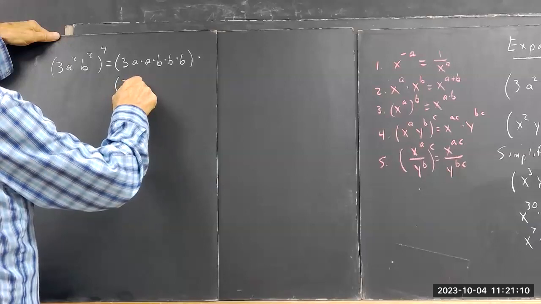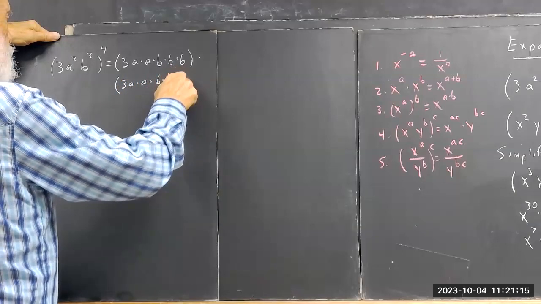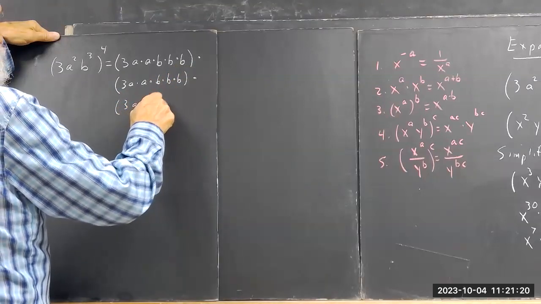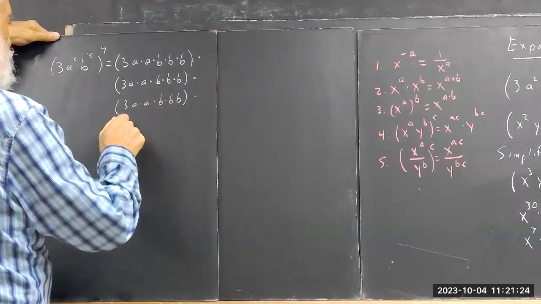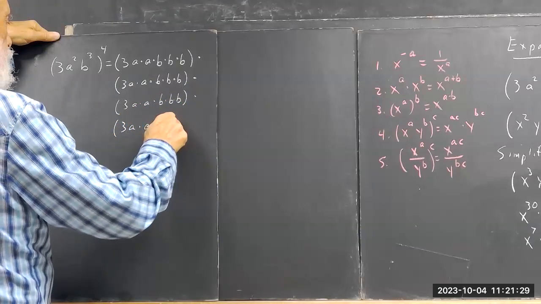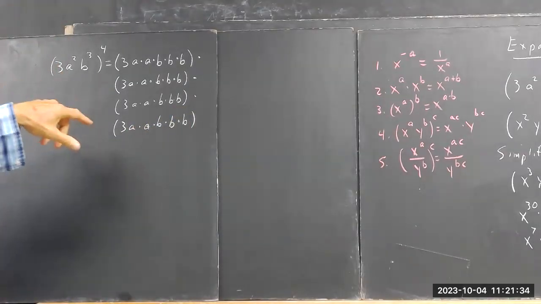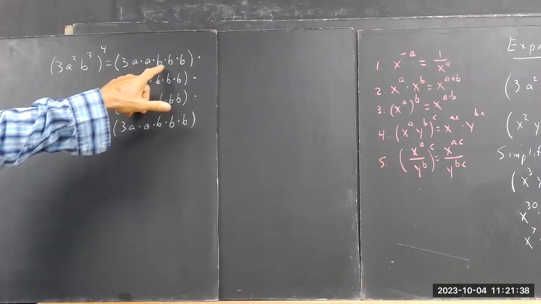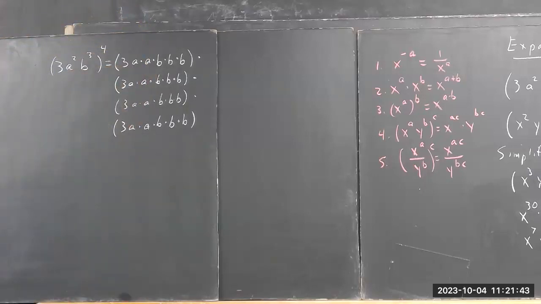These are columns. But 3a squared is 3 times a times a, and then times b cubed is b times b times b. Raising that to the fourth, we've got to do it 4 times.